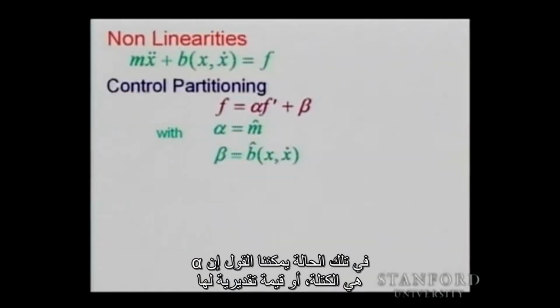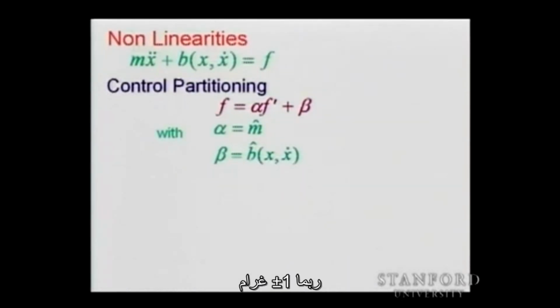So, in that case, you can say alpha is simply an estimate of the mass, plus or minus 1 gram, probably you will find it. And your B hat is going to be an estimate of B given the state, your estimate of the state. And you probably have 10 epsilons, a little bit more of error.